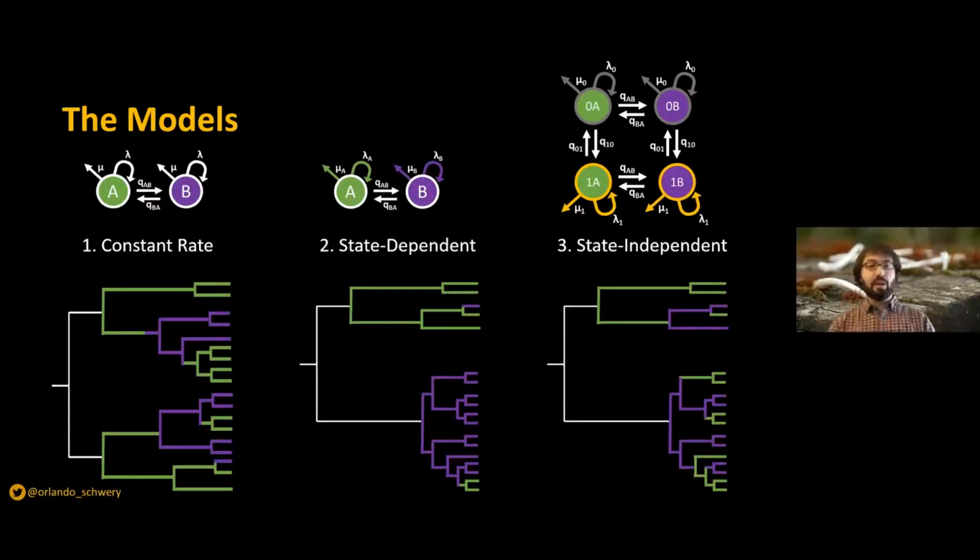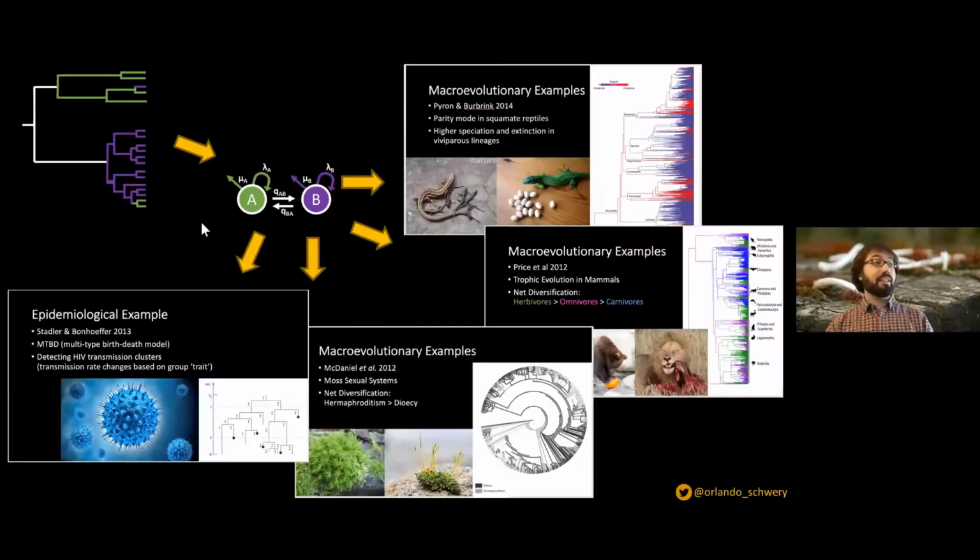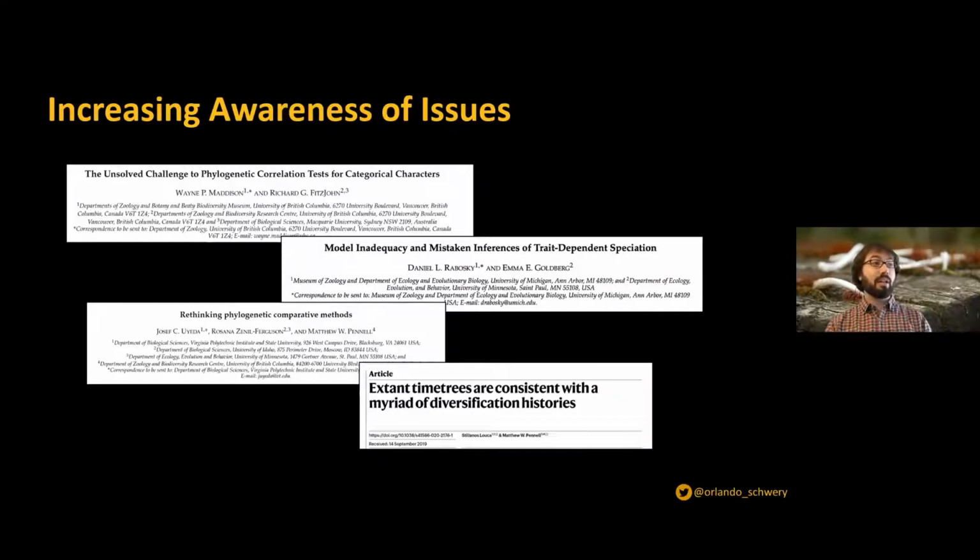And so now we want to see whether we can find out whether a model is better suited for one or the other. As I said, especially this trait-dependent, state-dependent model has been used quite a lot. It's been very popular. So there's a lot of research where people tried out exciting things with these. But as time went by, we discovered more and more issues with them.